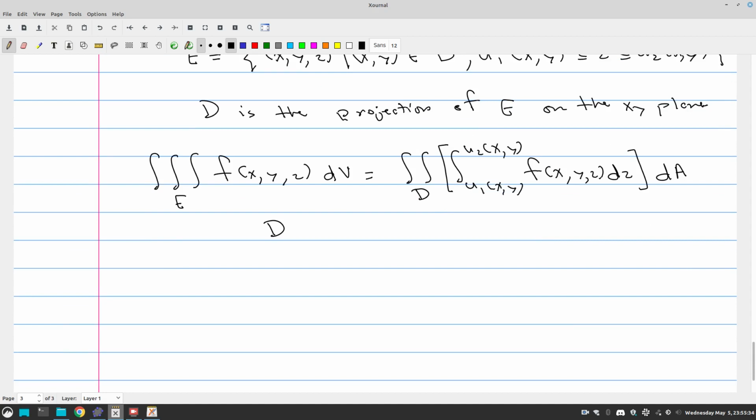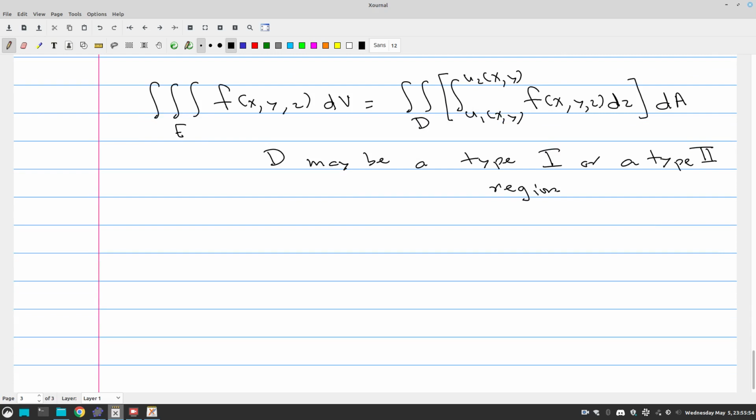When we say that D may be a type 1 or a type 2 region, we mean a type 1 or type 2 region in 2 dimensions.